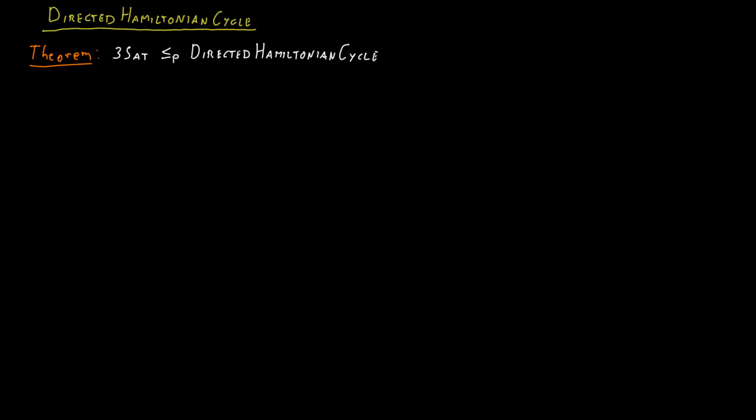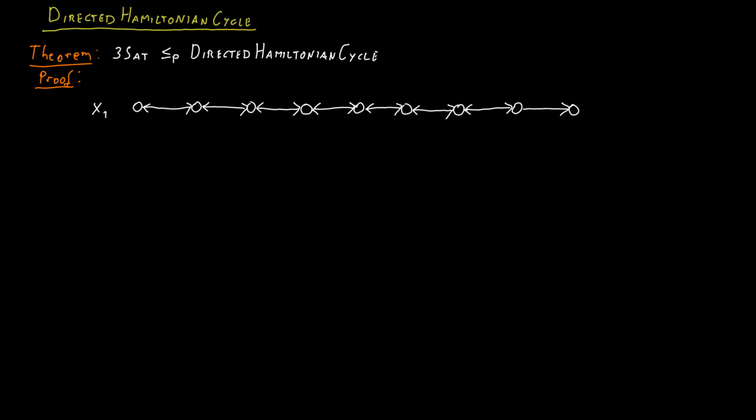So how can we do this? Well, one idea is the following. We create for each variable a line of vertices. And we create edges between these that are bidirectional. So we create an edge from a vertex to its neighbors and also an edge from its neighbor back. So we have an edge in both directions here.